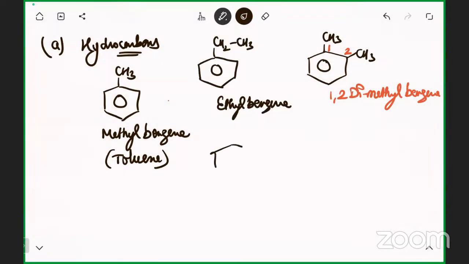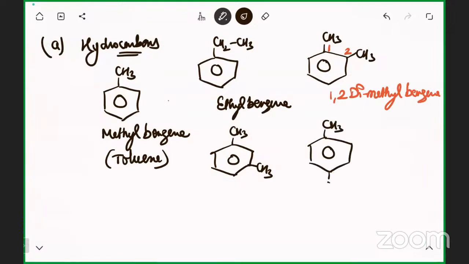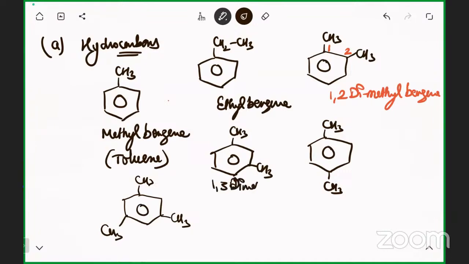Okay, tell me the name of this compound. One comma three dimethyl benzene. Okay, 1,3-dimethyl benzene.